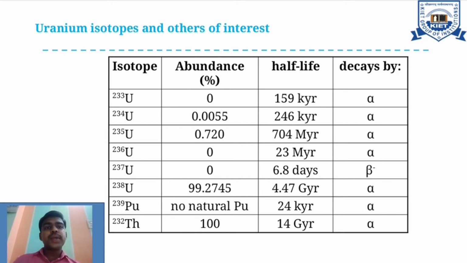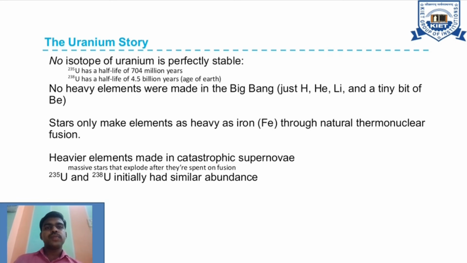Because depending upon the uranium isotope, the abundance percentage will vary. So this is what is happening in our overall scenario, starting from U233 to U232.